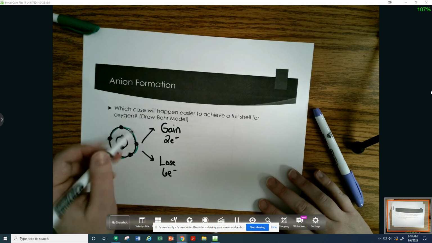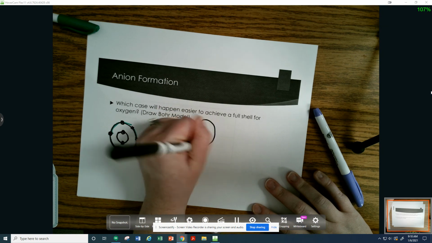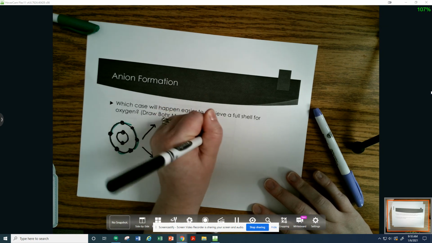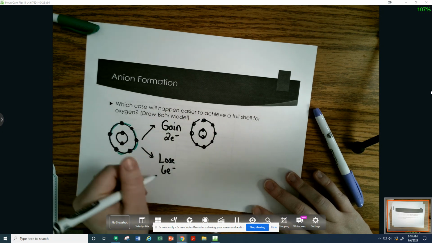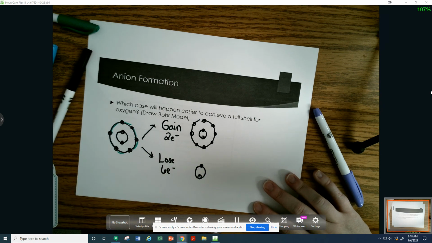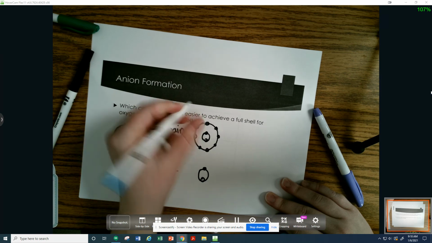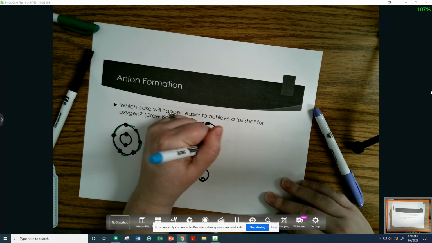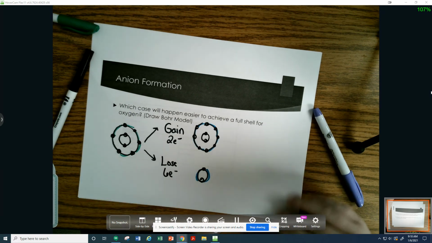Looking at the Bohr model here, if we had that gain take place, and if we have a loss, we would have just this ring here. Again, if you want, we can go through and highlight, and this would get us to 8 valence electrons for the oxygen. The loss would take us to 2.